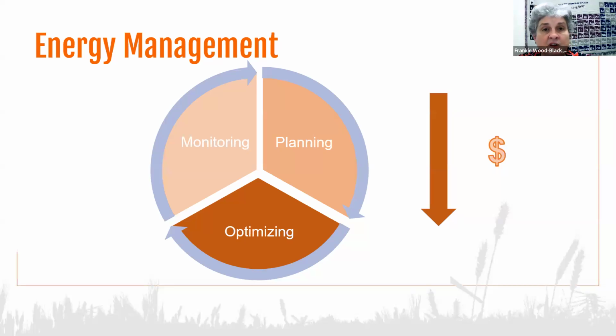So again, we're looking at the planning, monitoring, and optimizing energy use to improve efficiency, reduce costs, and then there's also the enhancement of the environmental responsibility. So there's also some really good goodwill that may be present. As we implement an energy management plan, we're going to set up a plan.